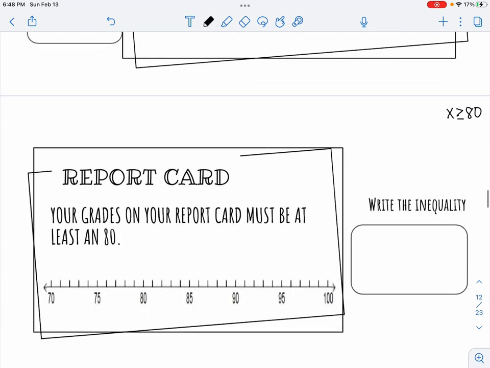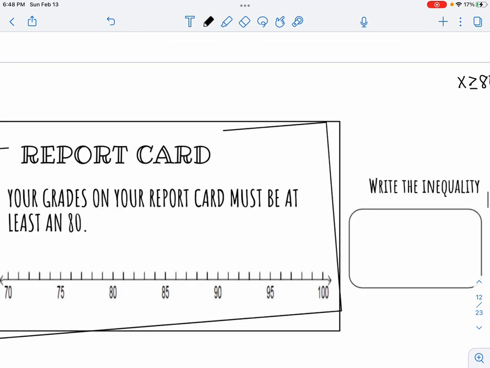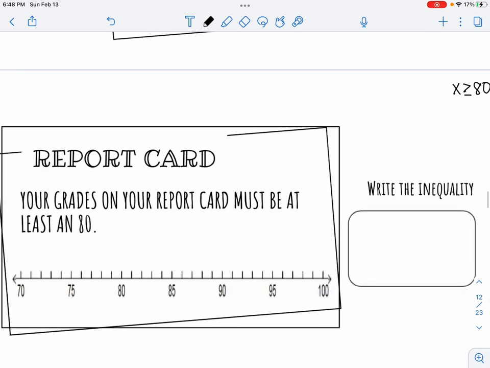Report card time. Okay, so your parents set a goal for you, and say they set the goal that your grades on your report card must be at least an 80. Now, does that mean you can make an 80? Yes, it does. It means you can make an 80 or more. So that means 80 would be included in your solution.